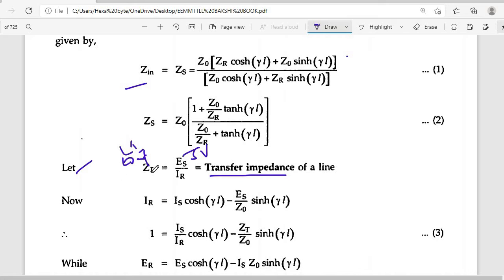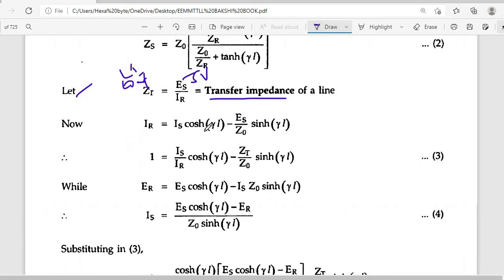Load impedance is different, source potential is different. If for a load impedance you take the load voltage only, that is the ending of the transmission line impedance. But we are taking the receiving impedance and the sending potential, the source potential, that is the transfer impedance. That is the meaning.